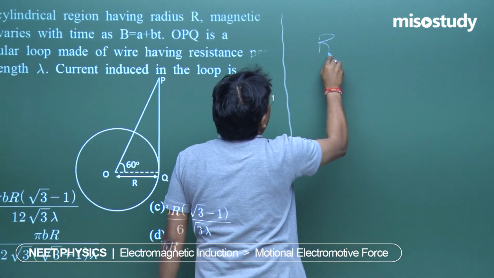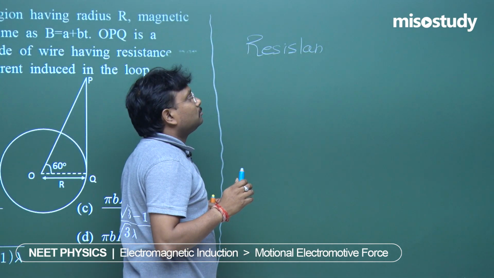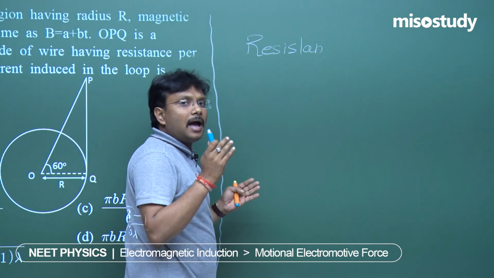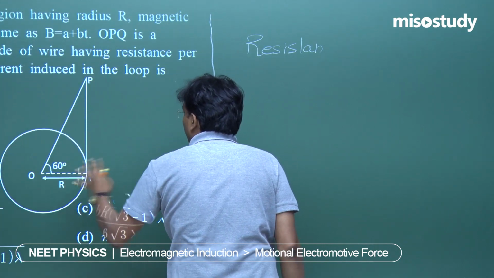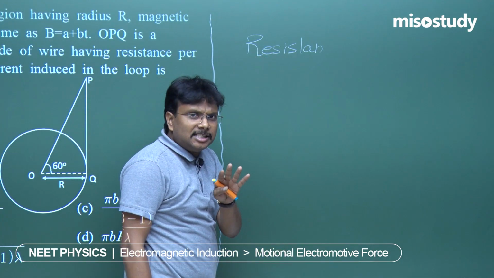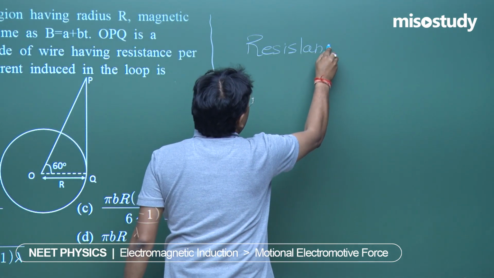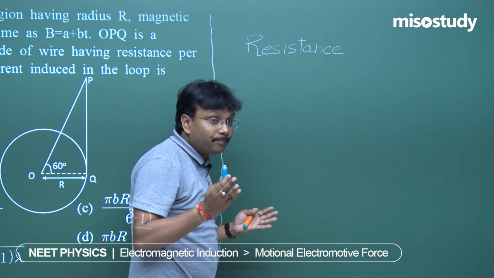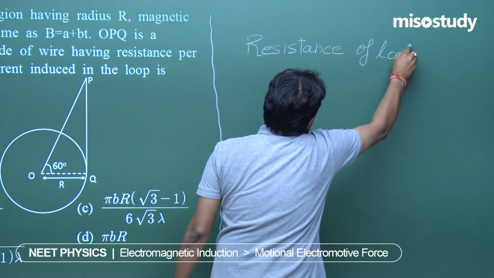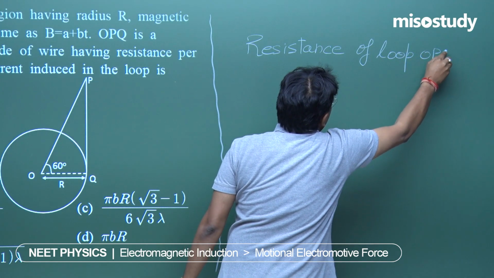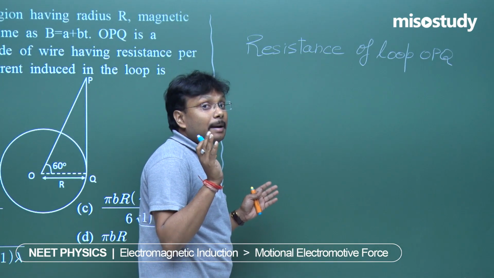Now, resistance, what I am trying to do, I am making these explanations as simple as possible. In this particular question, whatever I mention using basic algebra, you will say, oh, no problem in that, fine. Now, resistance of what? Resistance of loop OPQ, fine, because it is a wire having resistance lambda per unit length.